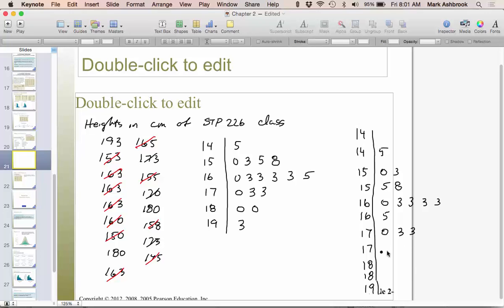This 17 wouldn't have any because these would be the 175 through 179. Then 18, 0, and 0. And then down here, 19, 3.